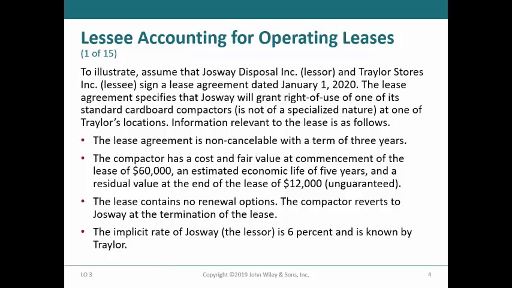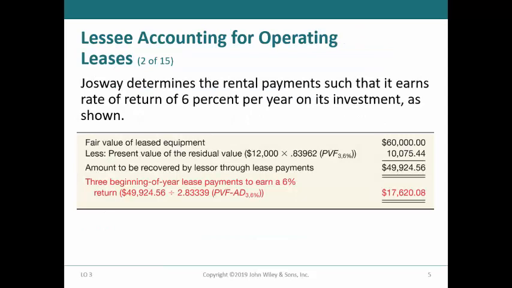The compactor has a cost and fair value at the commencement of the lease of $60,000, estimated economic life of 5 years, and an unguaranteed residual value of $12,000. The lease contains no renewal options, and the compactor reverts to Joss Way at the end of the lease. The implicit rate used by Joss Way is 6% and is known by Trailer.